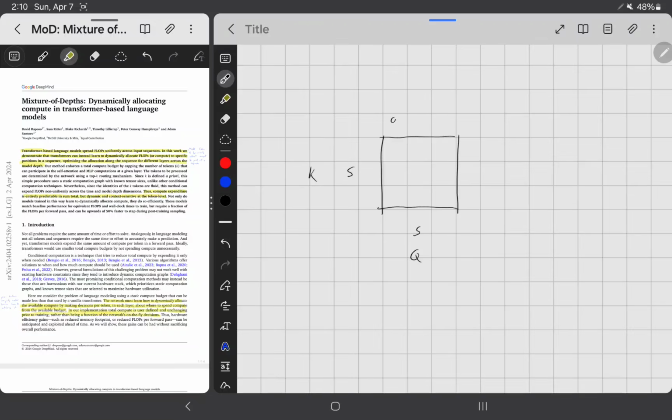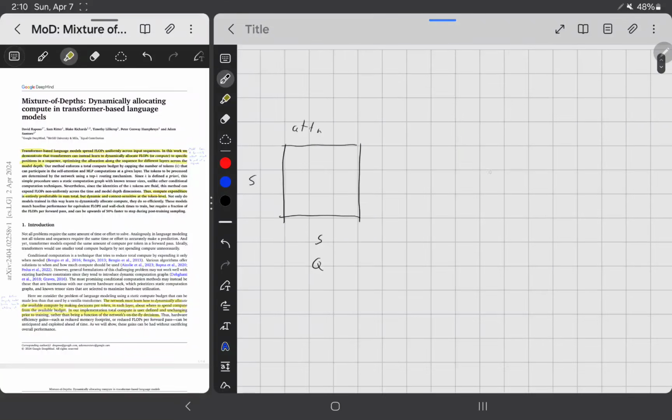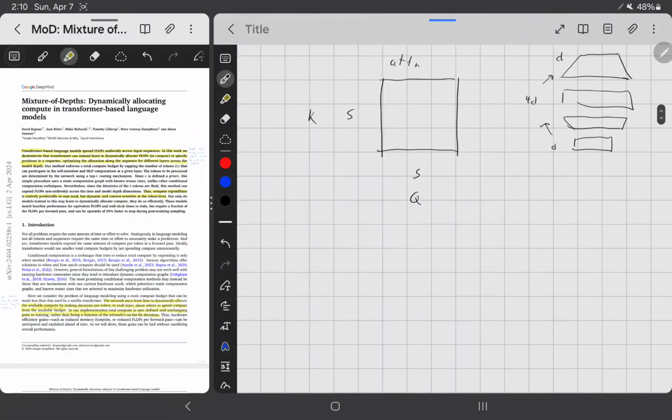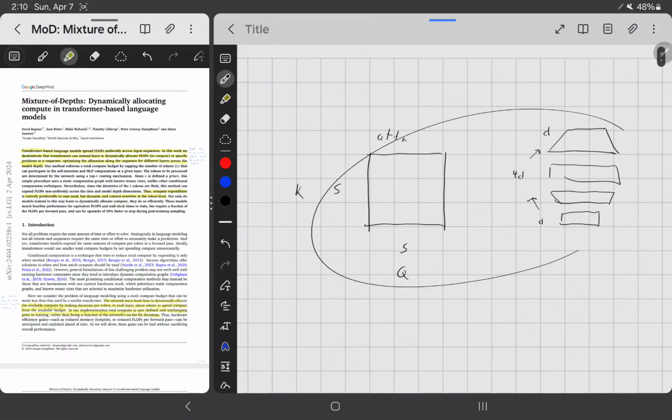Everyone knows the attention mechanism is expensive to compute. And the feed forward layer is also really expensive to compute. You have this big hidden state you have to compute here. So you have your feed forward, which expands it from D to 4D and then back to D. So it's expensive to compute these two operations.